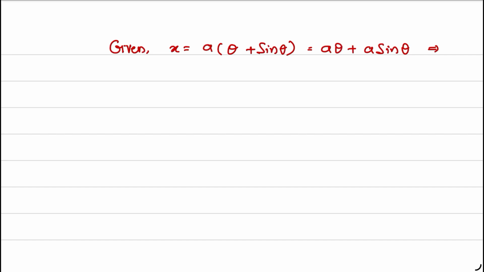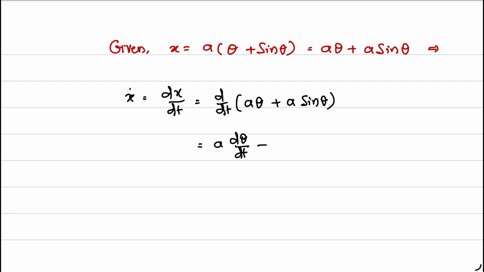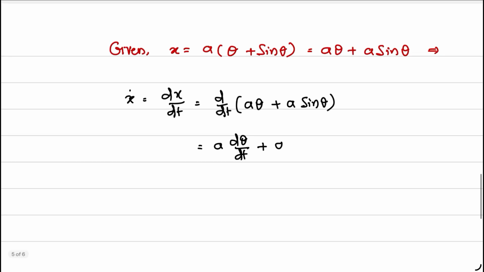Now, let us try to find x dot. X dot is dx by dt. That means d by dt of a theta plus a into sin theta. That is equal to a into d theta by dt plus a into d by dt of sin theta. You may be surprised how to find d by dt of sin theta.